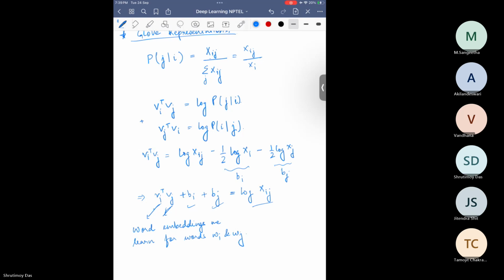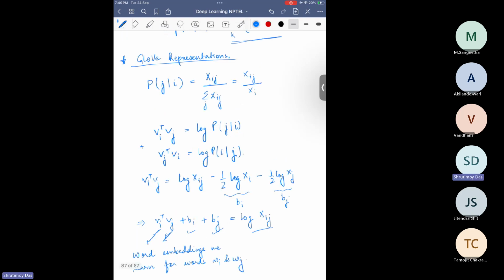Yeah, these are the different representation techniques that were covered in the class. If you have any doubts, we can discuss it now.